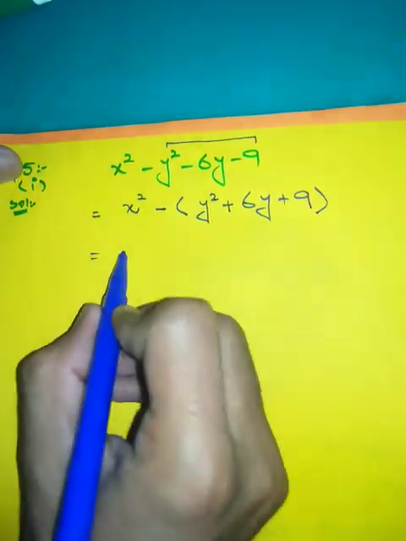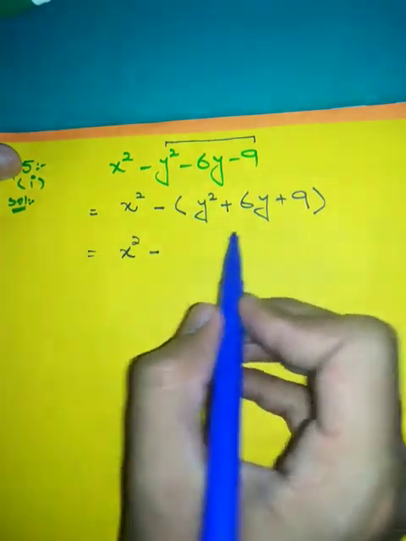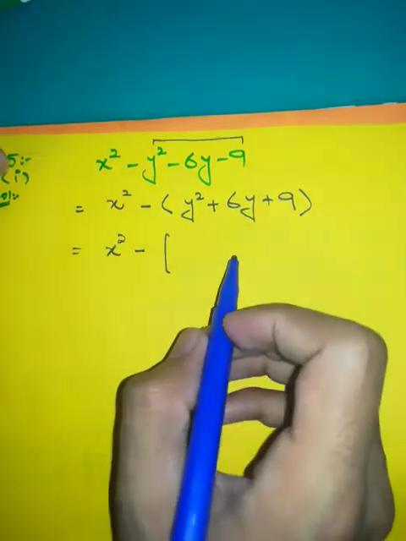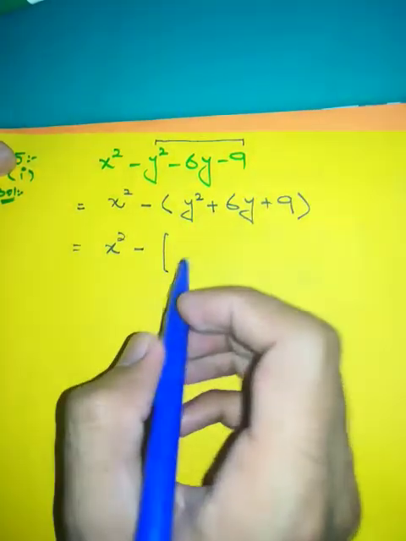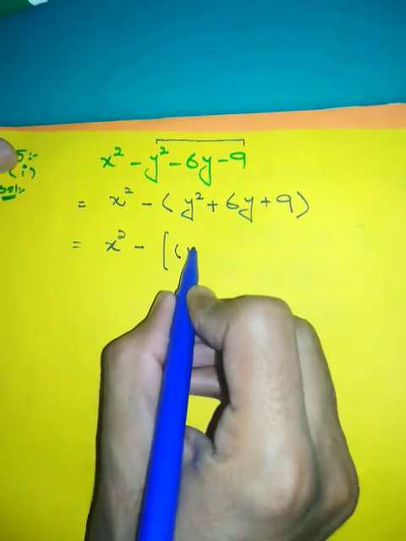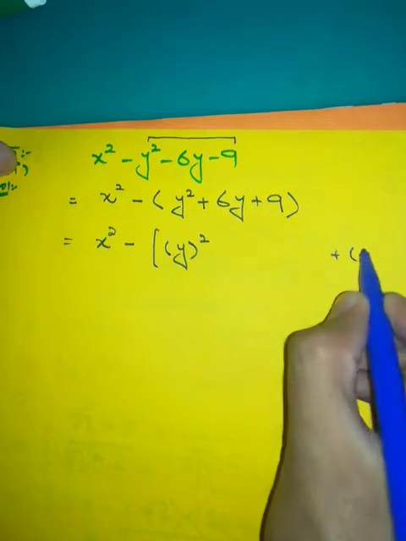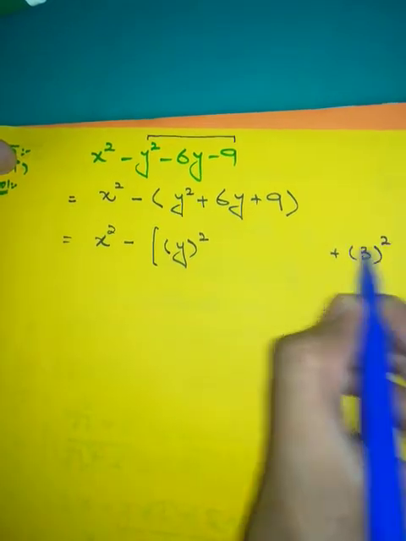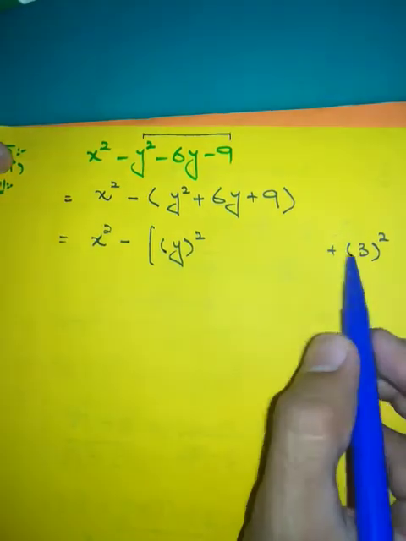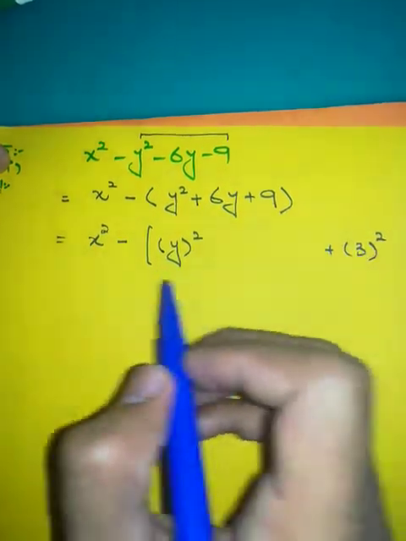Now x square minus, we use this bracket and convert it into identity form. Which identity? I explain it. If I convert it into whole square form, y square plus 3 square, which is 9. Here a will be y and b will be 3. It means a square plus b square.